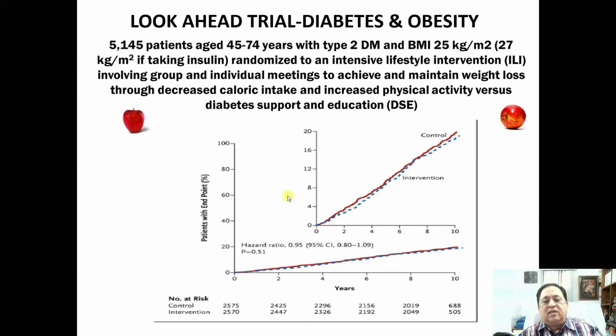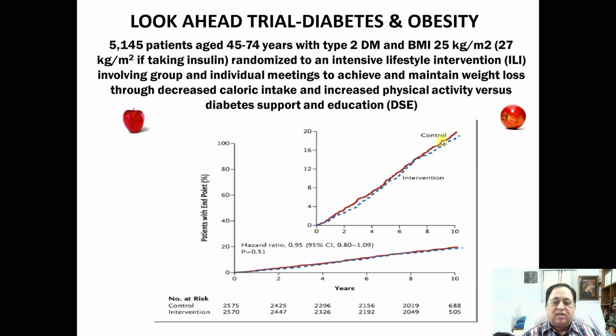The Look AHEAD trial was stopped earlier. Instead of 13 years, it was stopped at 9 years and wound up actually at 11 years or so. But then they found that intensive lifestyle intervention versus diabetes support and education program are working similarly in the two groups of patients over a period of 9 to 11 years.